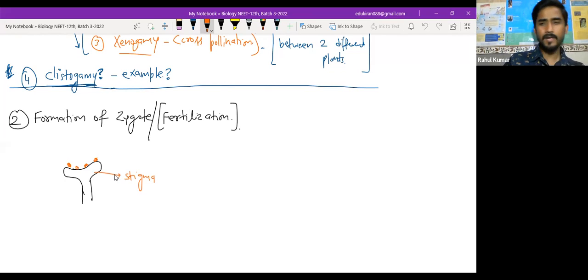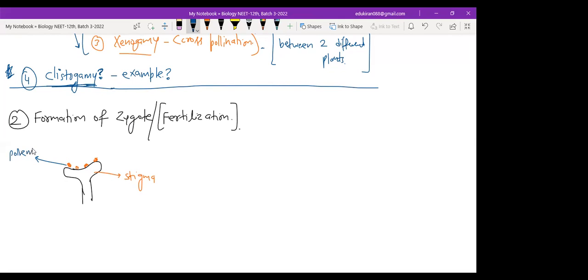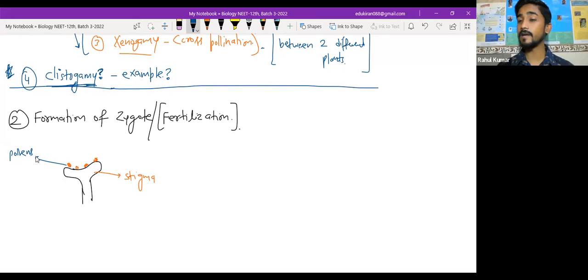Yes or no? But how will it do that? Can it talk? They cannot talk, right? So how will they interact? Any idea? Some chemical. Exactly. In biology, whenever there has to be cellular interactions, they are called biochemical interactions.